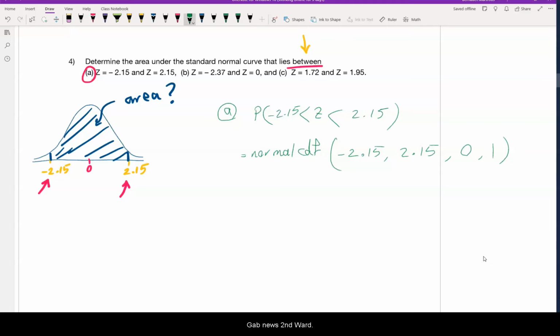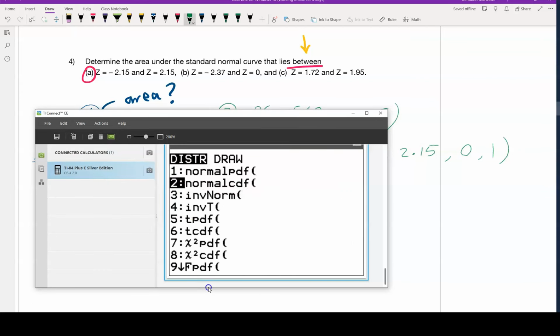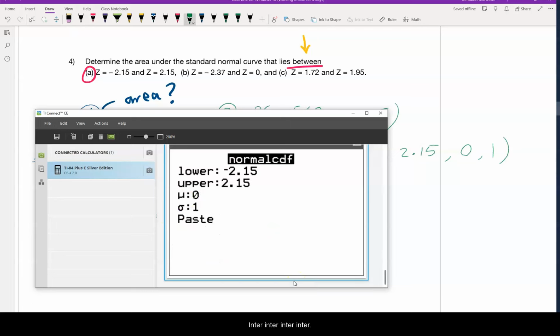Again, use second VARS, normal CDF, enter negative 2.15, 2.15. So this is what we have. Enter, enter, enter, enter.